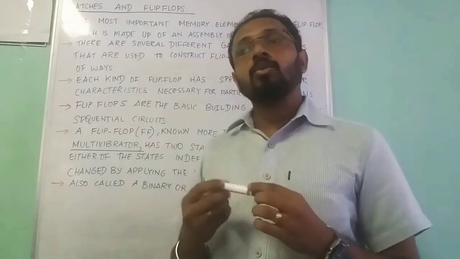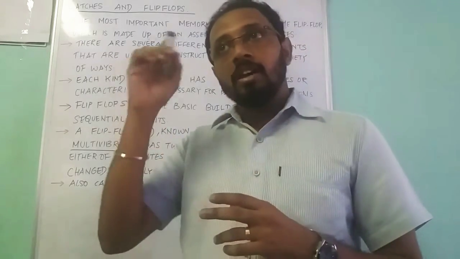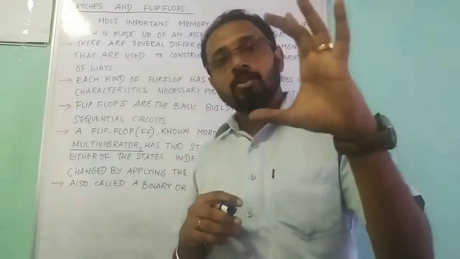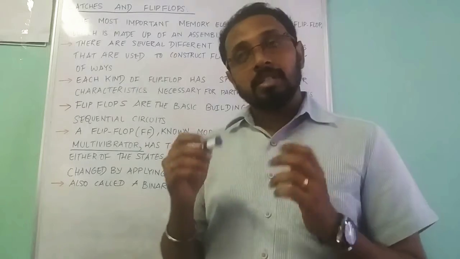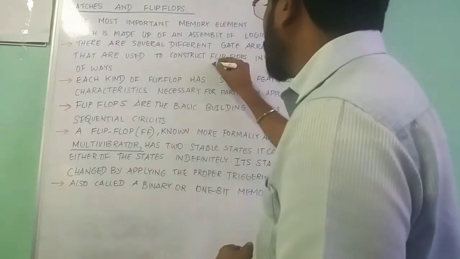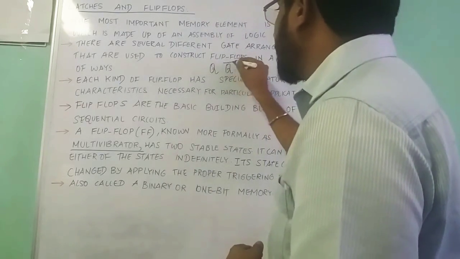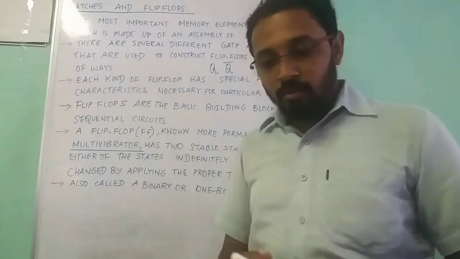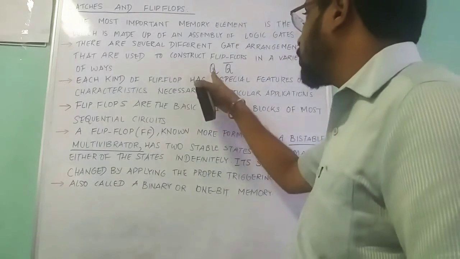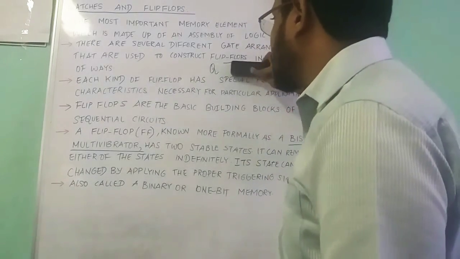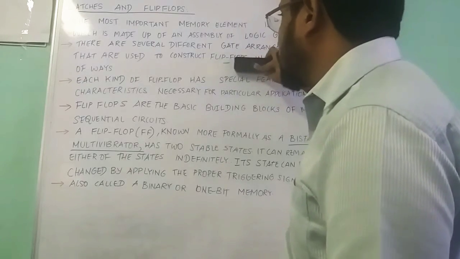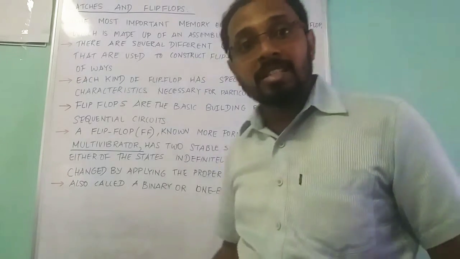We will have a set of inputs, and the output will be represented as Q and Q bar. One will be the actual output, and the other will be the inverted output. These outputs can also be referred to as states.